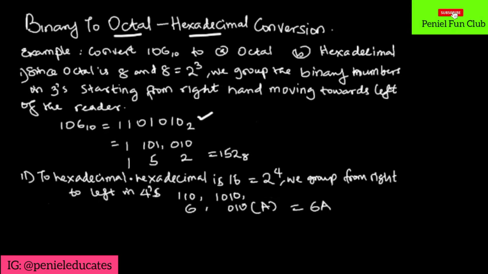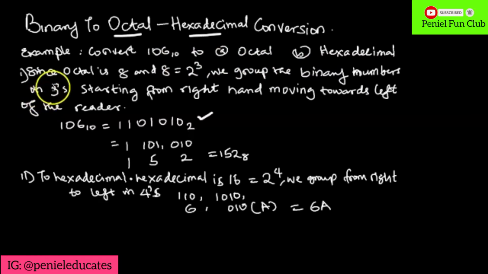Okay, so let's look at how we can convert binary to octal and also binary to hexadecimal. Don't forget that it is like converting from one base to another base. But let us look at the other ways that we can do that. So let's convert 106 base 10 to octal and also to hexadecimal.